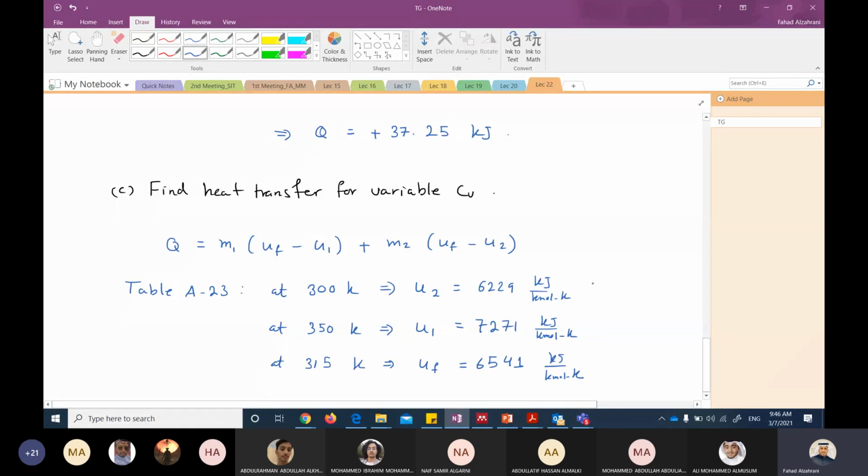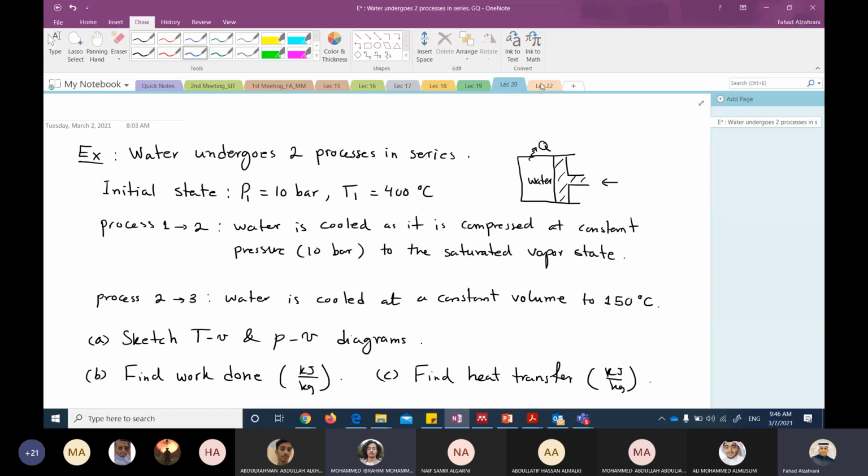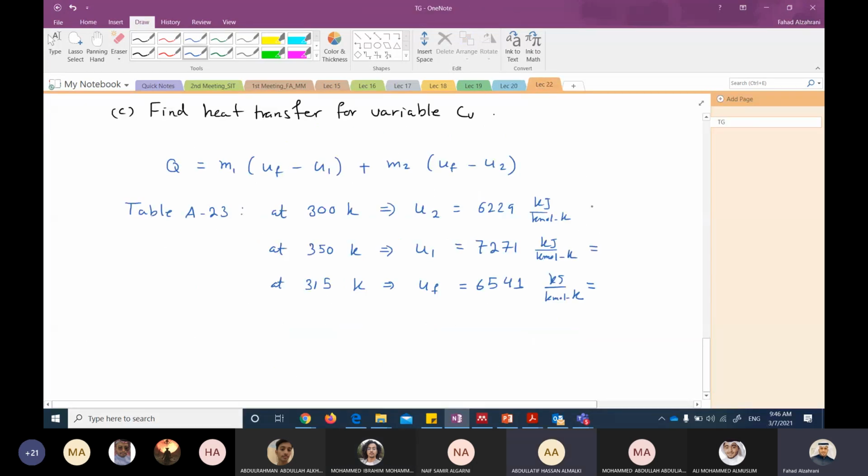So what I do is divide each one by 28.01. 6229 divided by 28.01 gives you 222.4 kilojoule per kilogram. 7271 divided by 28.01 is 259.6 kilojoule per kilogram. And the last one, 6541 divided by 28.01, gives you 233.5 kilojoule per kilogram.